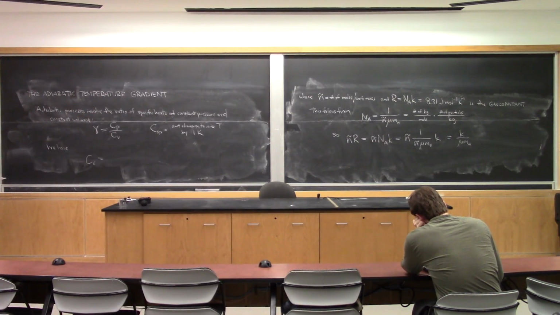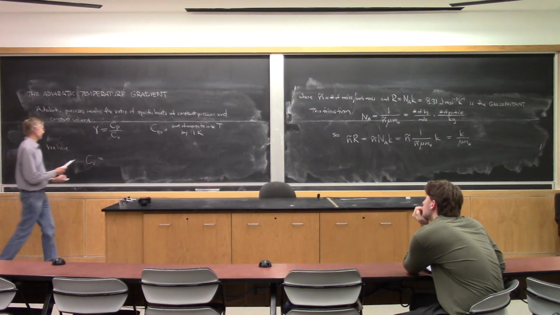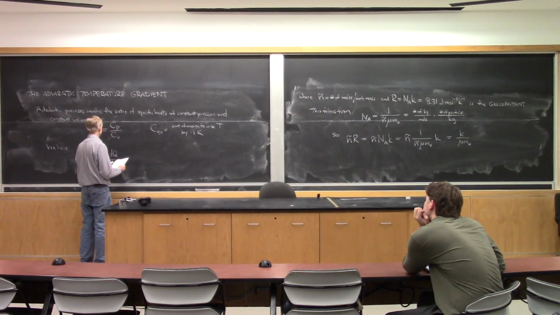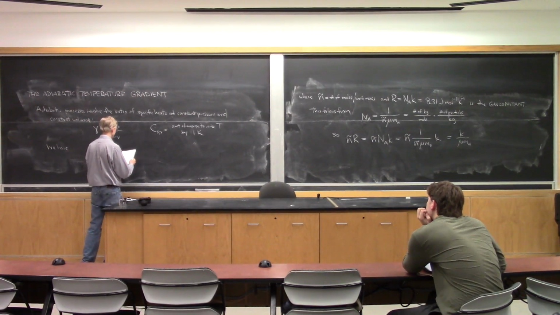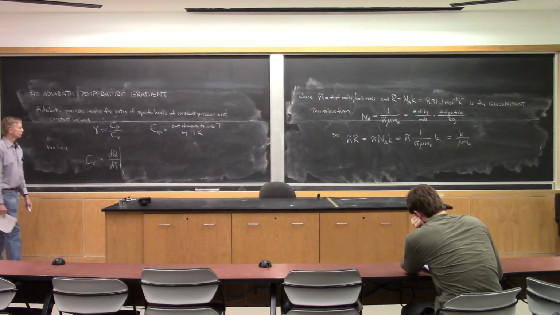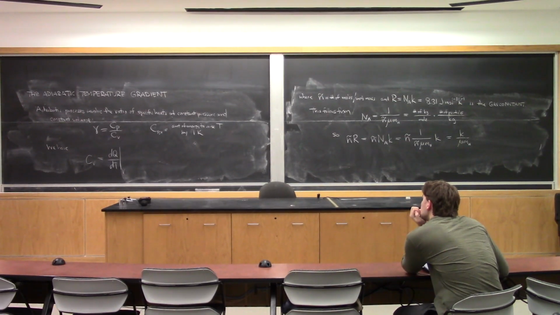So the specific heat at constant volume is dq over dt at constant volume. That's what that symbol means. It's the ratio of heat flow in divided by temperature change at constant volume.